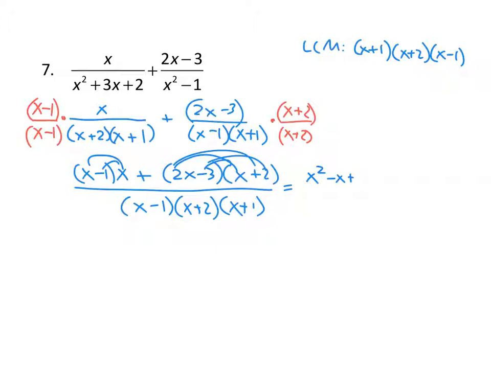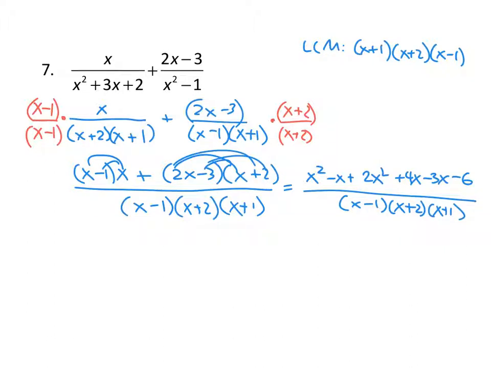So we get 2x times x is 2x squared plus 4x minus 3x minus 6. And I keep my denominator the same.